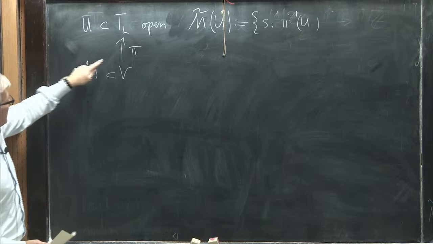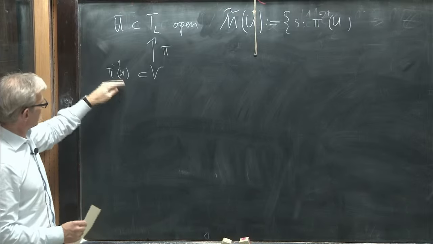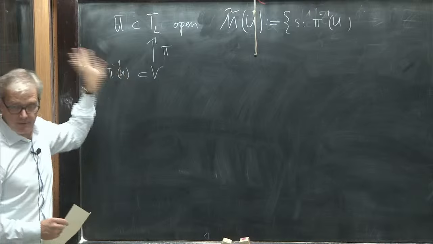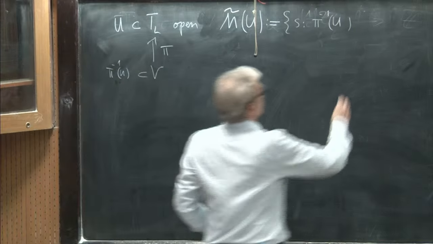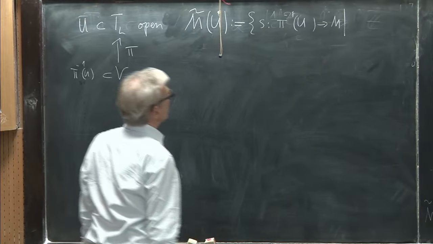And of course, the group here, L, so in the circle it would be Z, acts transitively on these things. So the sections turn out to be just the following.